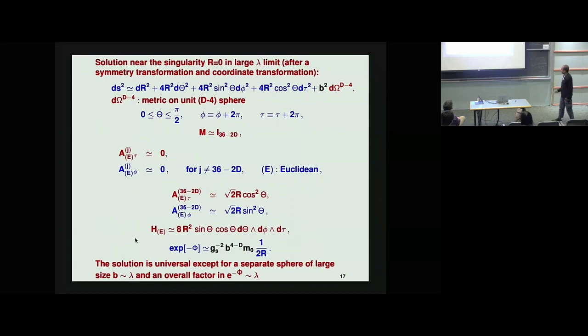The other place where the parameter dependence comes in is the expression for the exponential of minus phi, the dilaton. Here you see a dependence on the asymptotic coupling, the b and the m naught parameter that the black hole had. Other than this, there is no dependence on b anywhere.